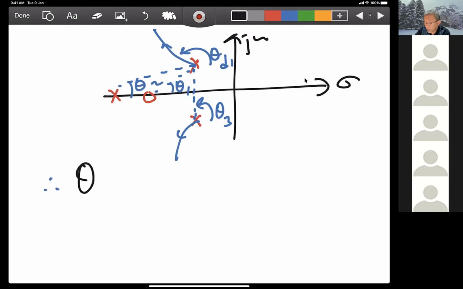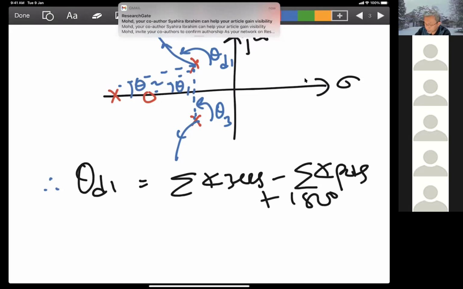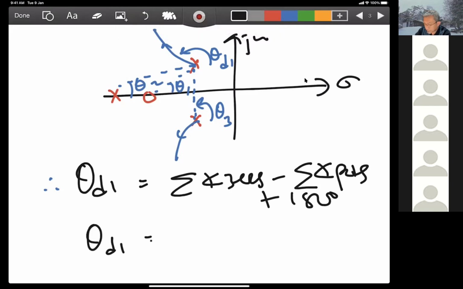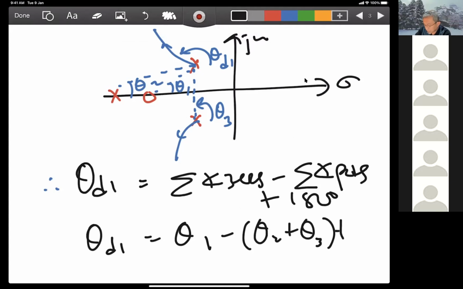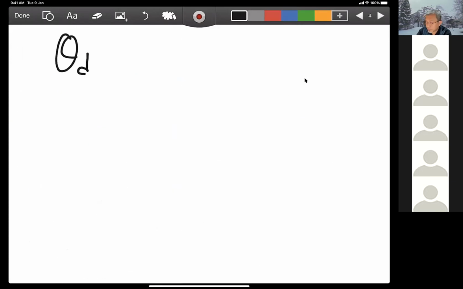So theta departure 1 equals the angle of zeros minus the angle of poles plus 180°. So theta departure 1 is what? 108.4°.